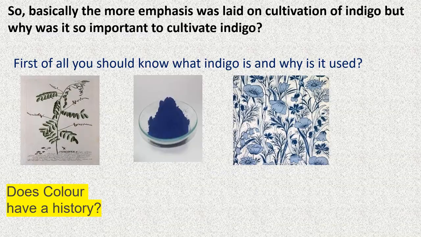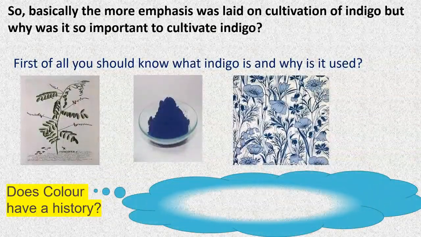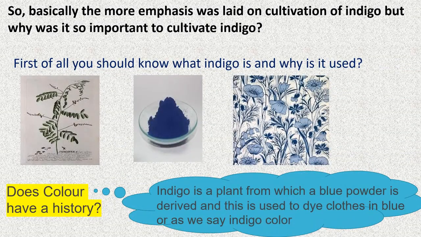Do you think color has a history? Yes. So let us connect all the pictures and know: indigo is a plant from which a blue powder is derived, and this is used to dye clothes blue, or as we say, indigo color.